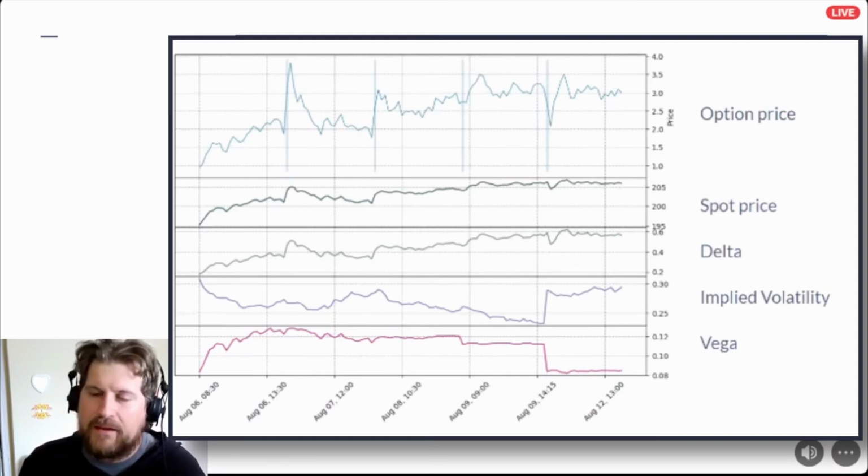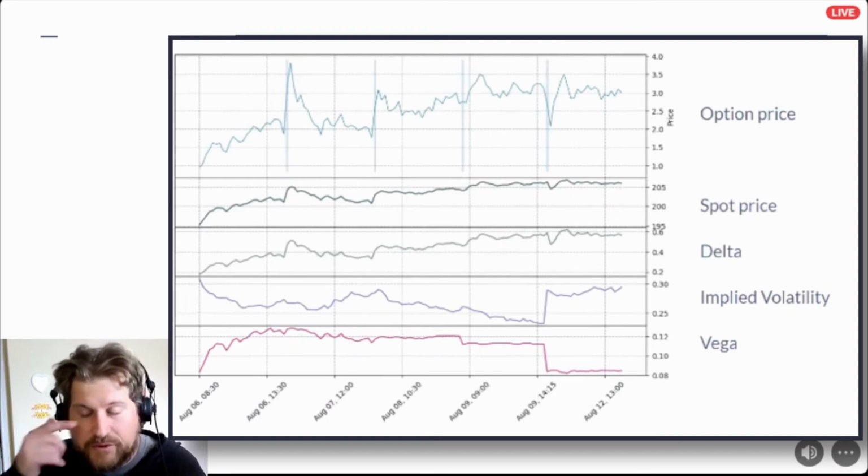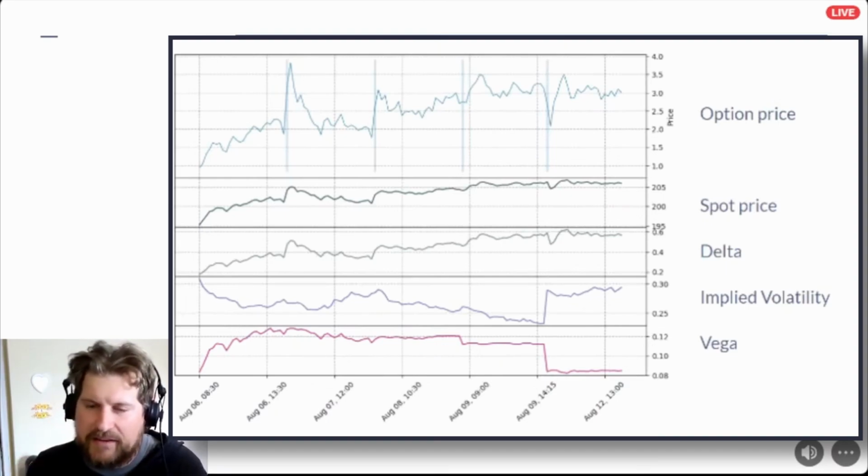And so when you're trading calls and puts directionally, if you do not have a strong view on implied volatility, sometimes you can get burned by this decreasing implied volatility. And then especially as time goes on, right?